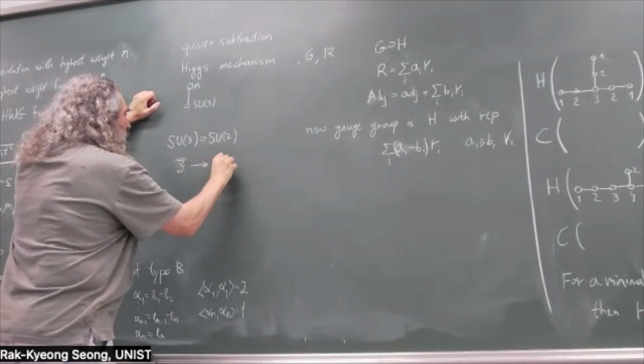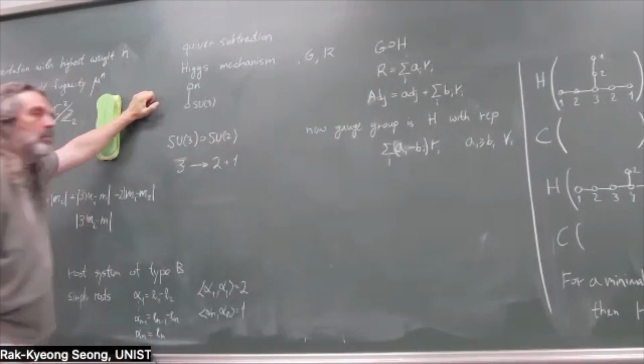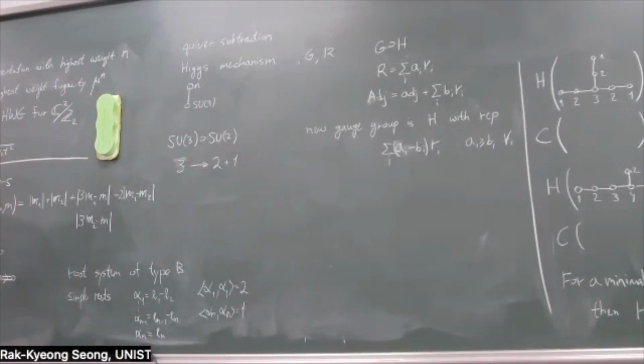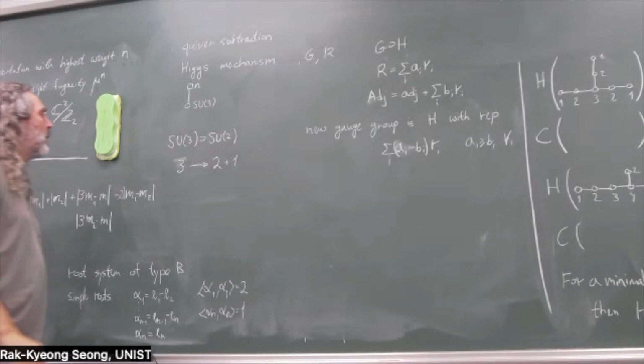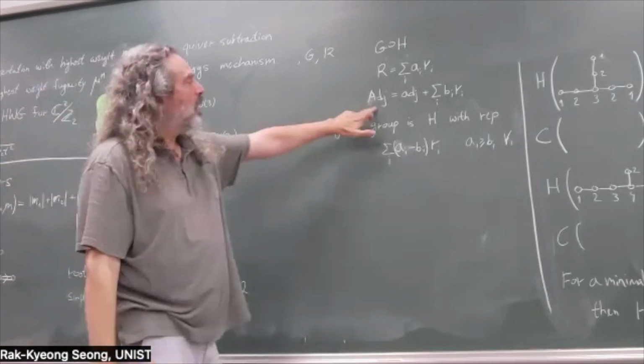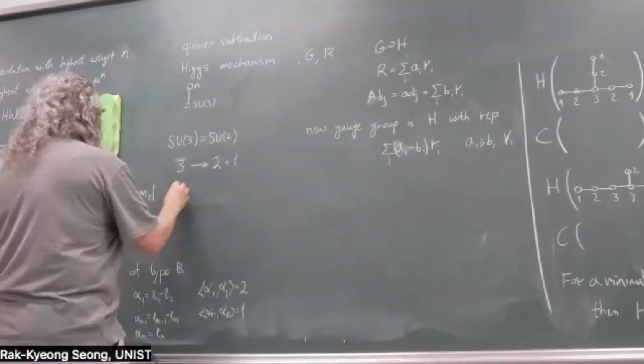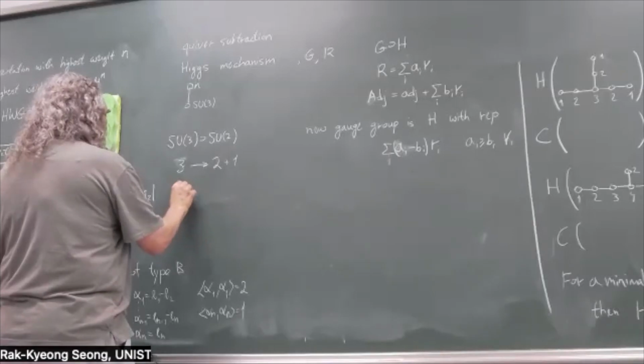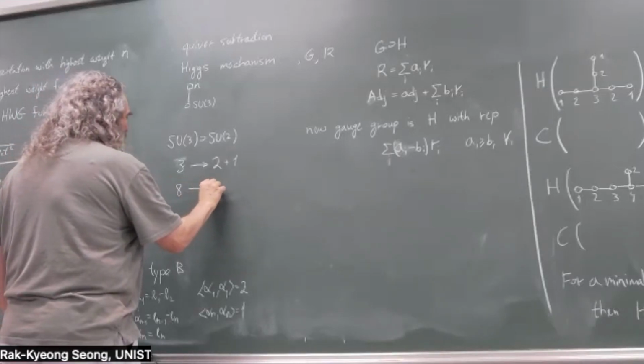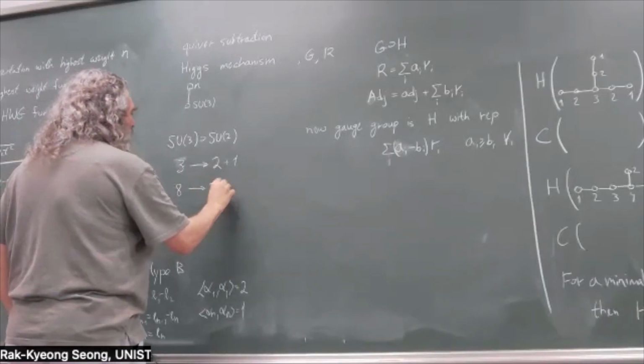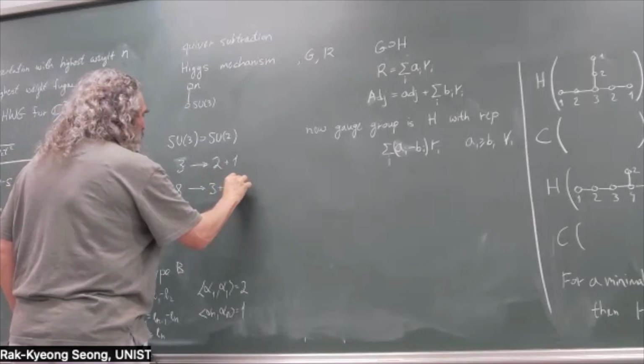So I'll have 2 and 1. And I also need to decompose the adjoint. So the adjoint is 8-dimensional, and it decomposes to 3 plus 2 plus 2 plus 1.